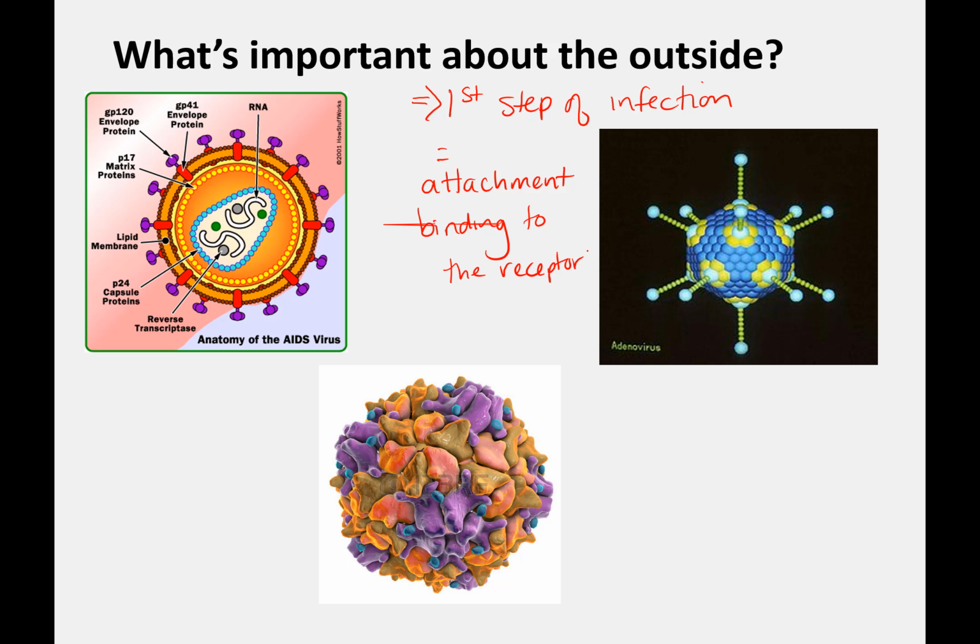This is an interaction between the virus and something on the cell. So again, some viruses have these spikes. This is HIV, this is adenovirus, this is an envelope virus, this is a naked virus, but these spikes allow it to interact with a host cell receptor. And here's the virus.